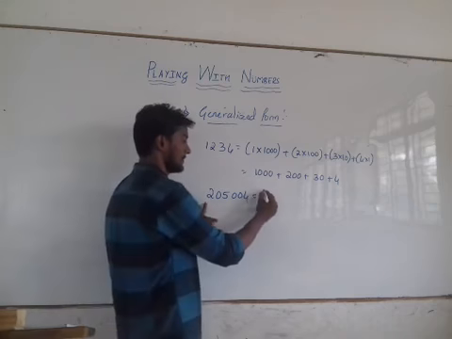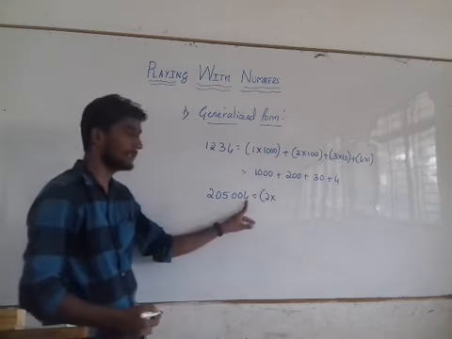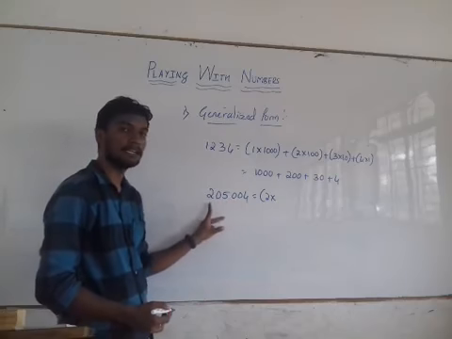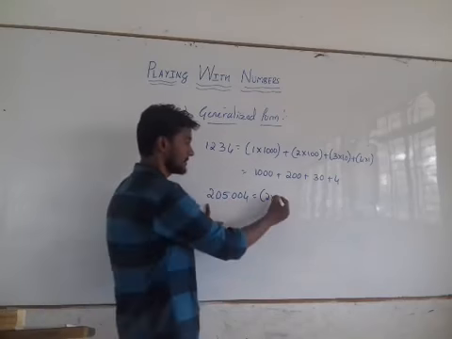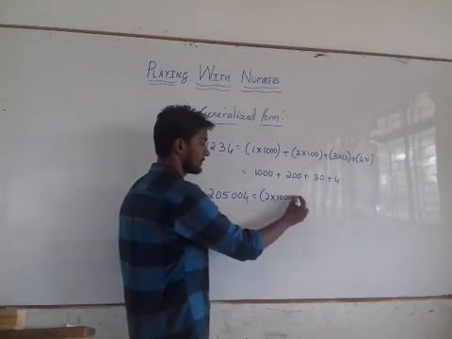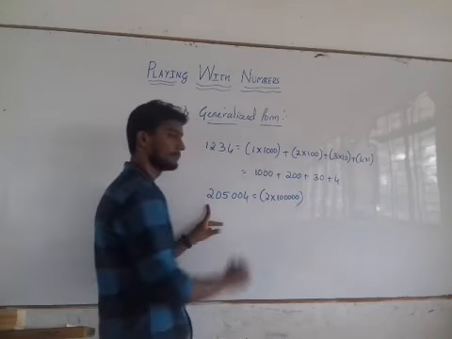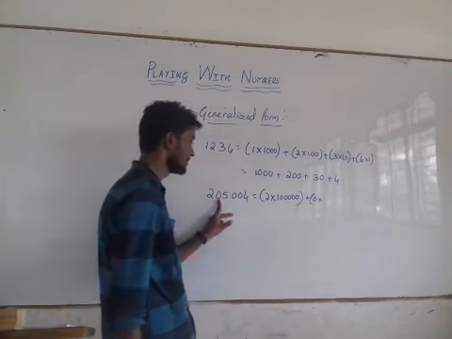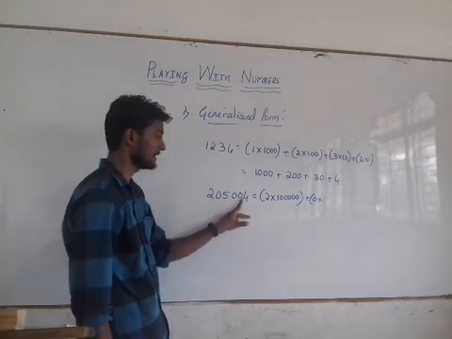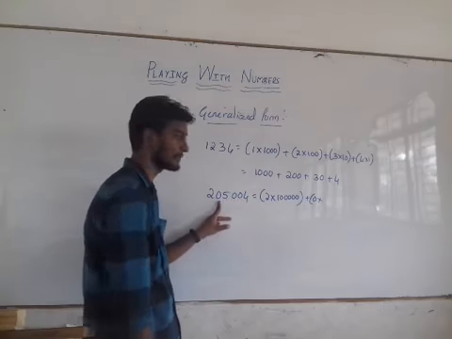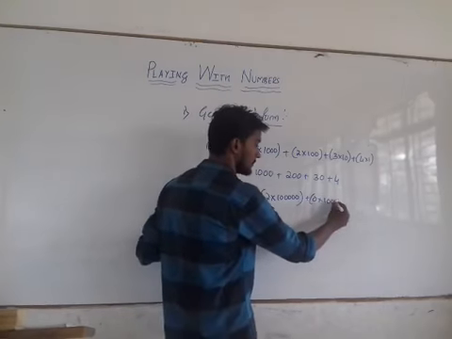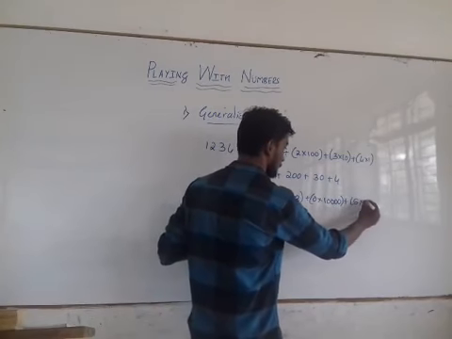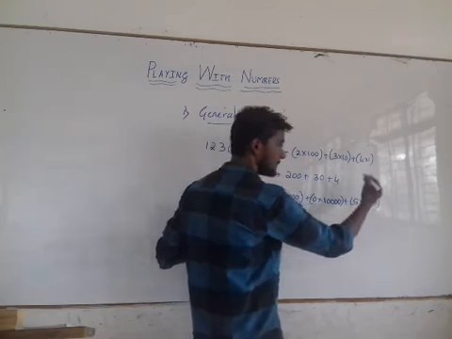So 2, which place is it in? See here: unit, tens, 100, 1000, 10,000, lakh. 2 is in the lakh place, so 2 into 1 lakh, plus 0 into 10,000, since that 0 is in the 10,000 place, plus 5 into 1000, since 5 is in the 1000 place.